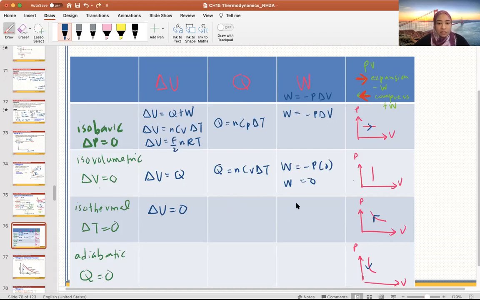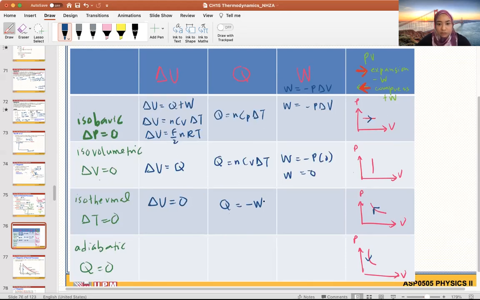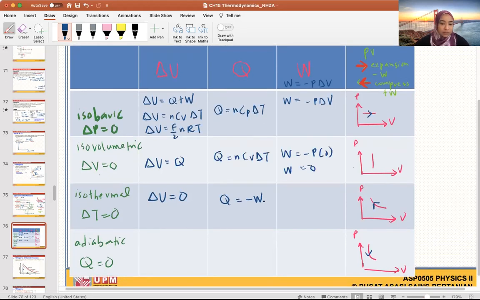It doesn't necessarily mean 0 because I know I said that the equation is nCp delta T, but for isothermal only the change in internal energy is 0, which means that Q is equal to minus W. Okay, so this is a little bit confusing. Take note, this is a little bit confusing because I showed you this equation before. Okay, and then W is just minus Q.